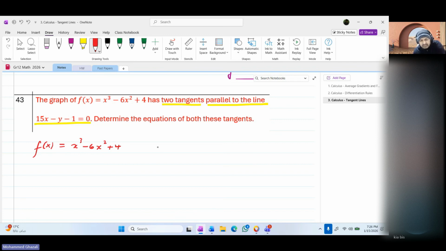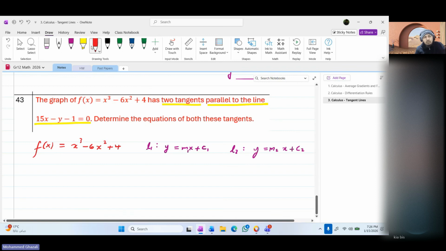Two tangents are tangent 1, so line 1, which is y equals m1x plus c1, and line 2 is the second. Line 2 is y equals m2x plus c2.